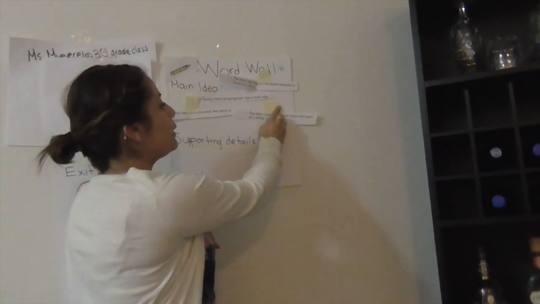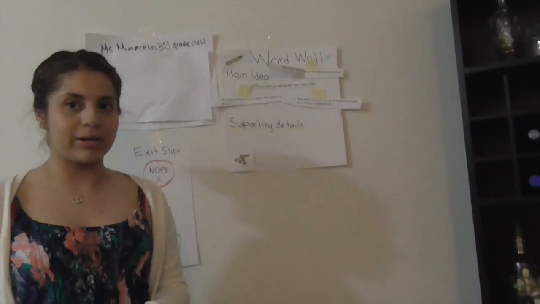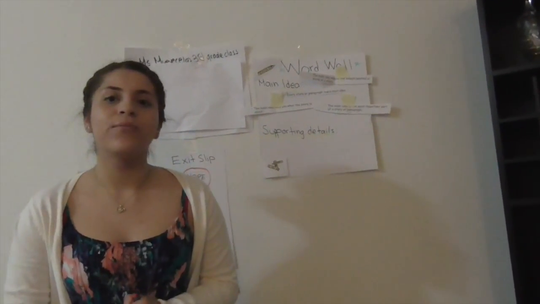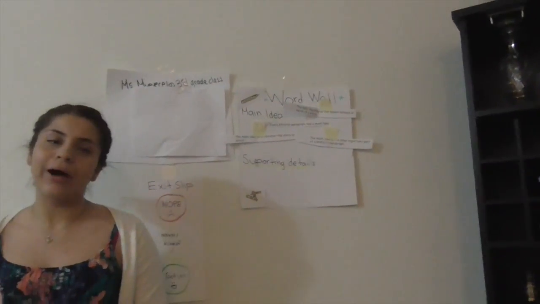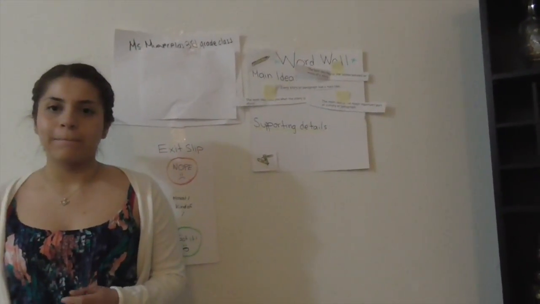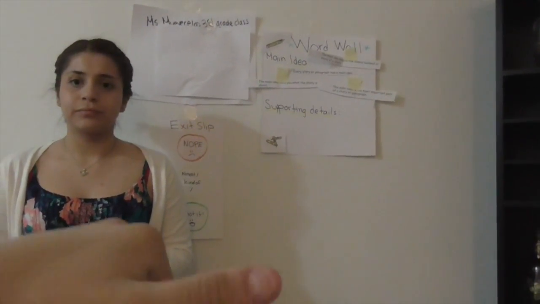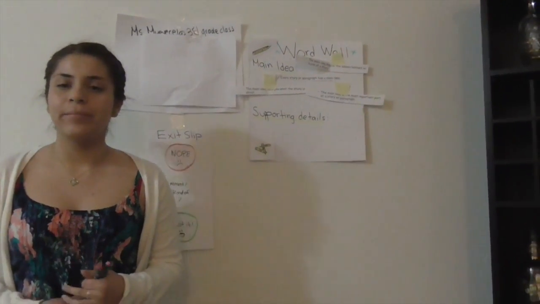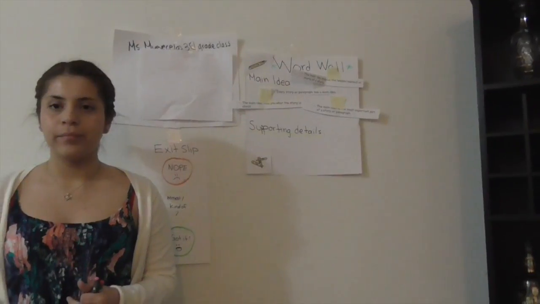So now with the main idea, you need supporting details. You need to be able to back up your idea. You need evidence. So can anybody tell me what supporting details are? Remember, thumbs up, thumbs down, or thumbs in the middle. Josh, you're not so sure. What's your answer? Is it something that can help to add to the main idea?